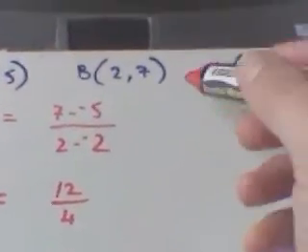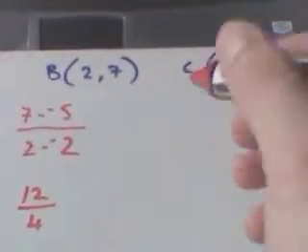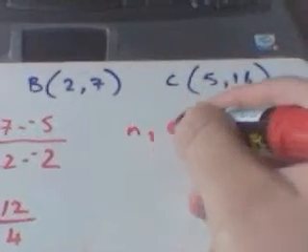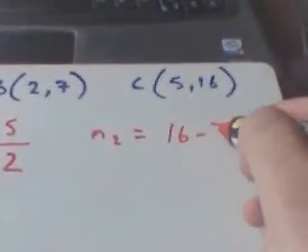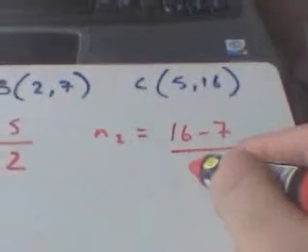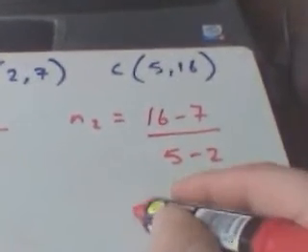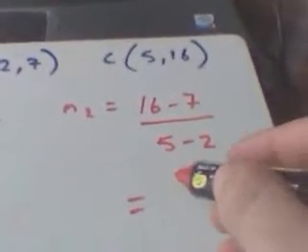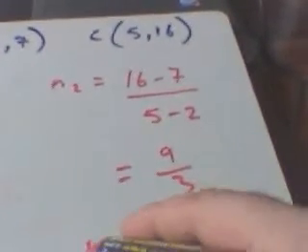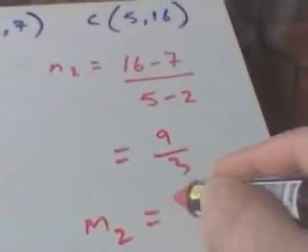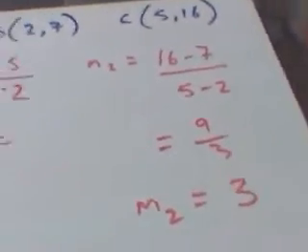Now I'm going to do the same for B to C. So my second gradient, joining B to C, is 16 minus 7 divided by 5 minus 2, which gives me 9 divided by 3, which tells me that M2 is a gradient of 3 as well.